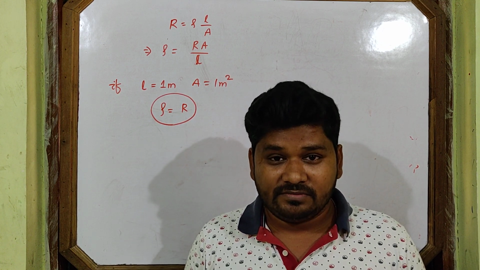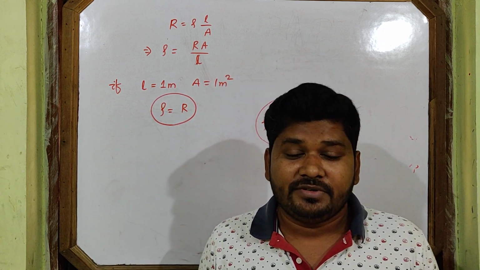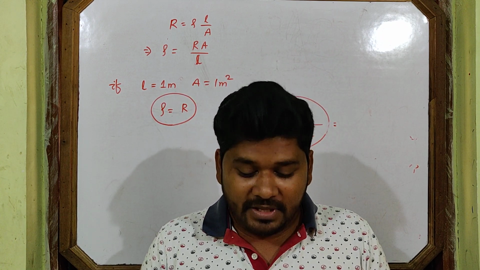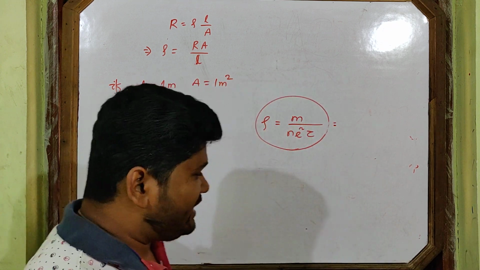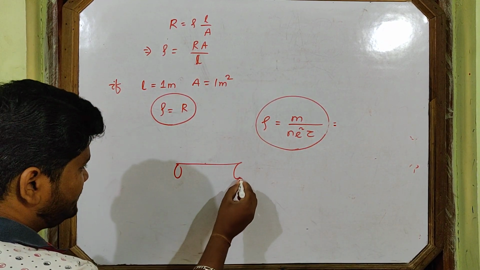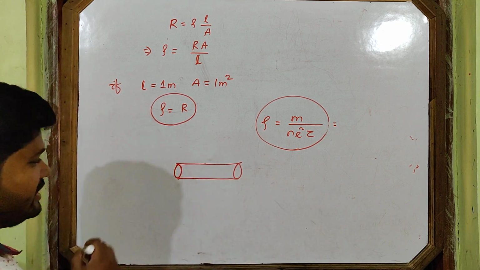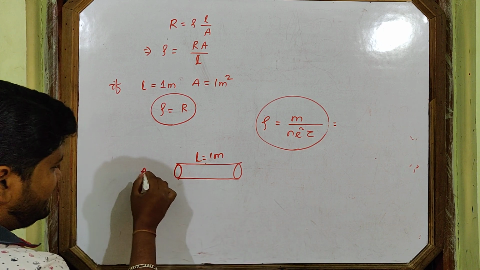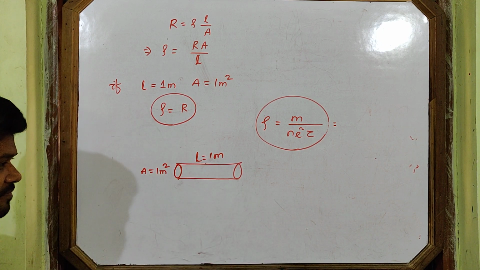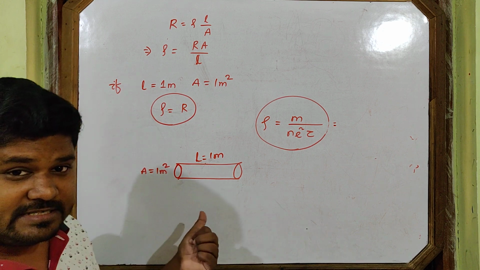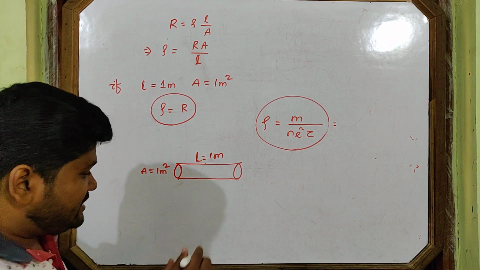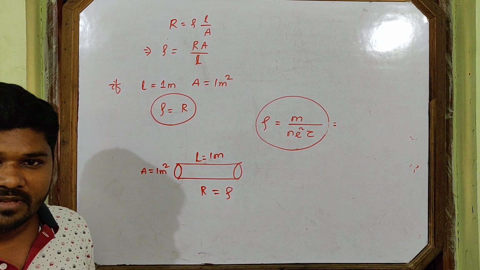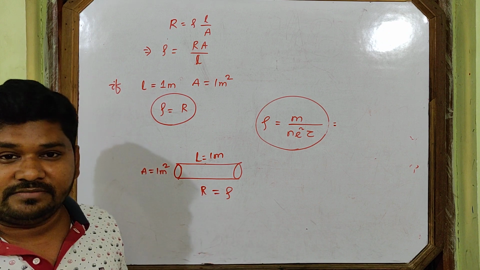If I explain, suppose the resistivity of iron is asked. This definition is telling you to take a rod of iron such that length is 1 meter and area of cross section is 1 meter square. Find its resistance. Its resistance is equal to the resistivity.